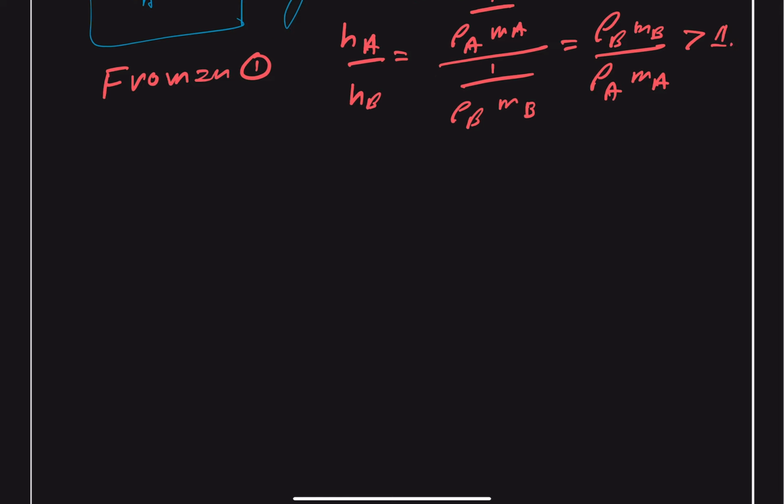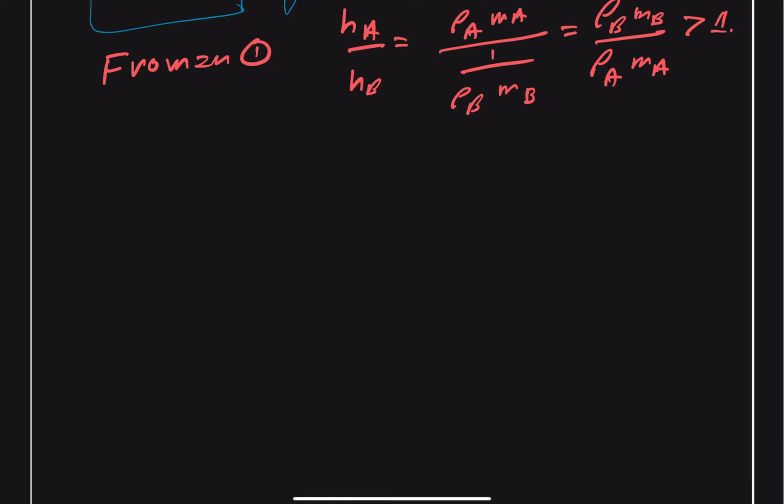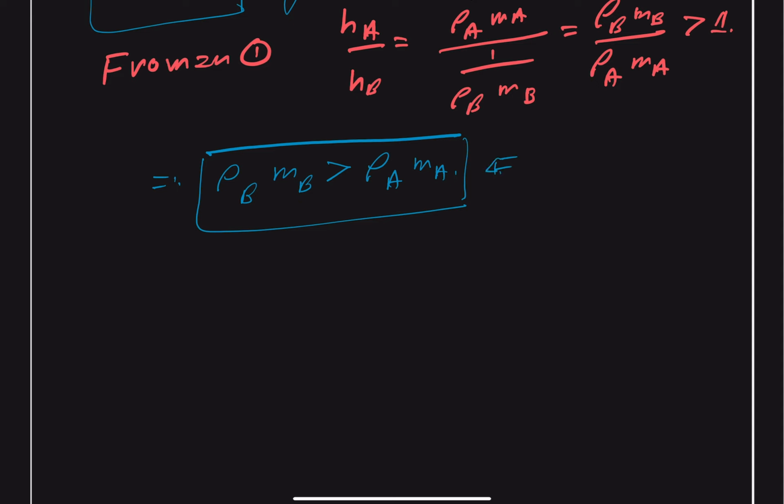So we can write further that our rho B MB is greater than rho A MA. Now all the options that are given to us should be able to satisfy this particular solution. Okay, so let us start one by one with option A.